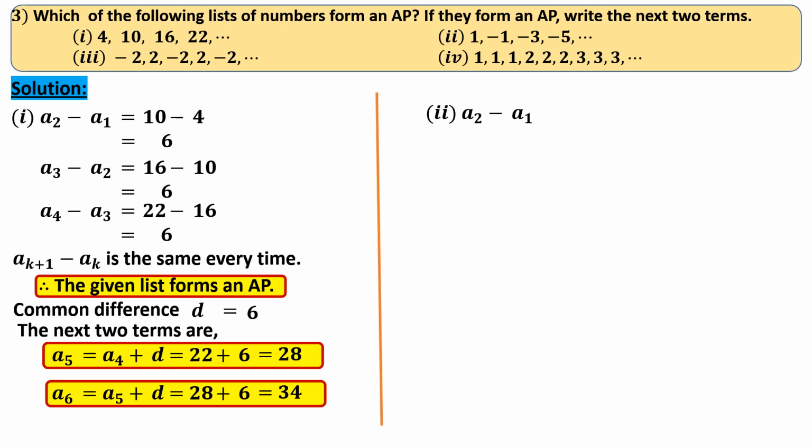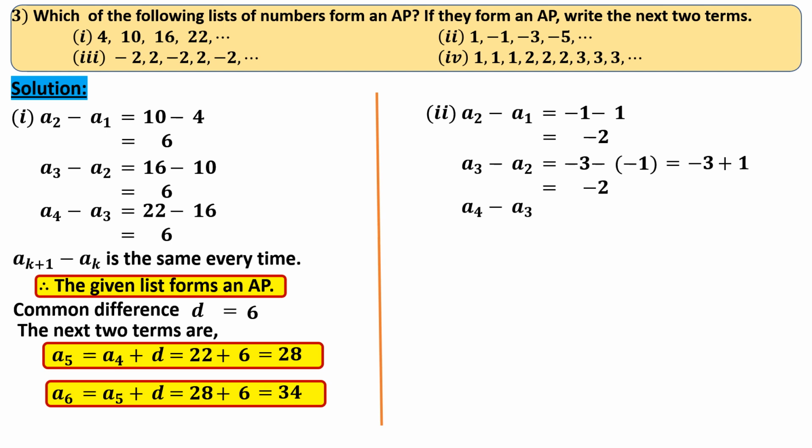Now the second sub-question here, a2 minus a1 equals minus 1 minus 1. This is equal to minus 2. a3 minus a2 equals minus 3 minus of minus 1. You should be careful here. This is equal to minus 3 minus of minus, minus into minus is plus 1.